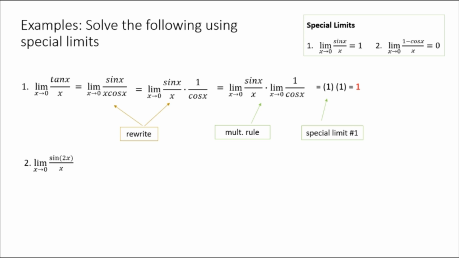Number 2, limit of sine 2x over x as x approaches 0. The thing about this problem is that the angle and the denominator are not the same.